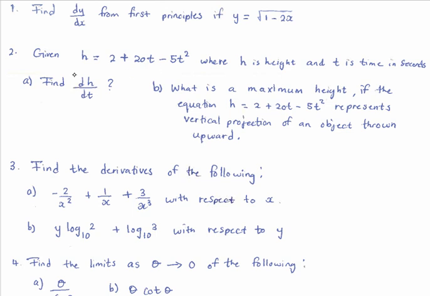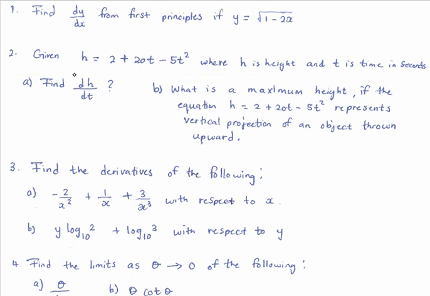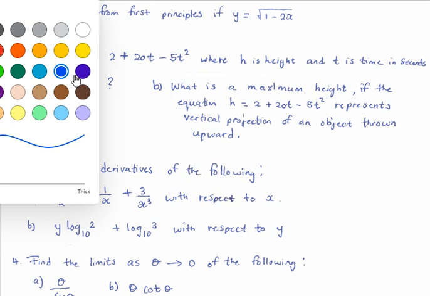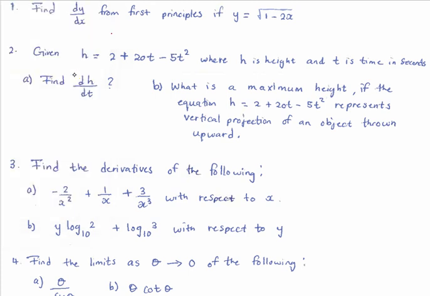And I don't think that should be something hard to do. So let me give you a hint. Here you're asked to differentiate this, and your dh over dt will be you differentiating this equation in terms of t.